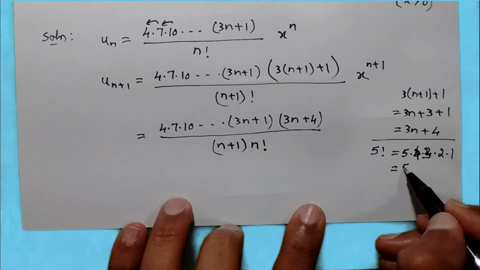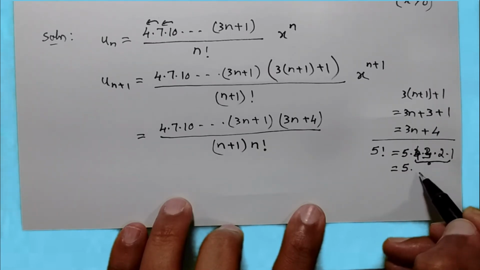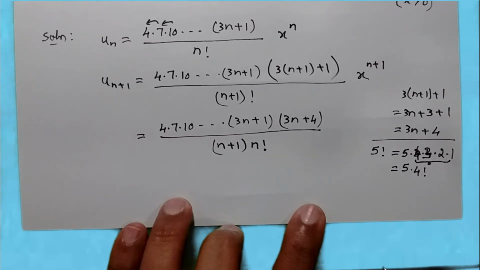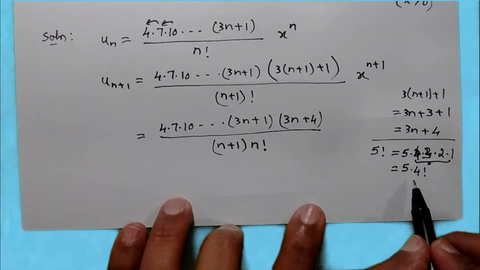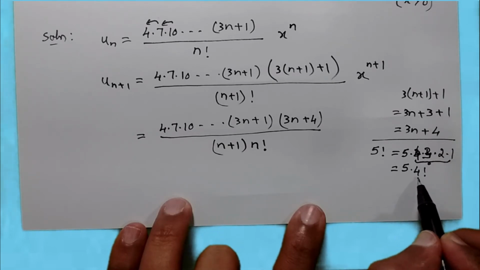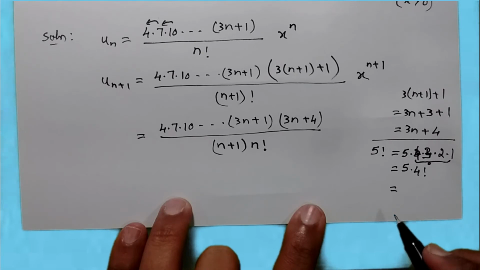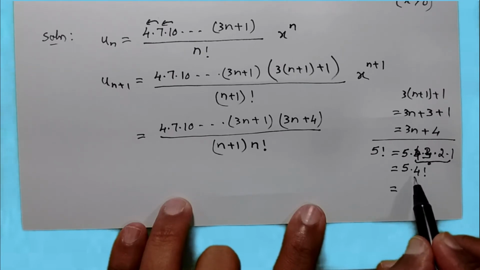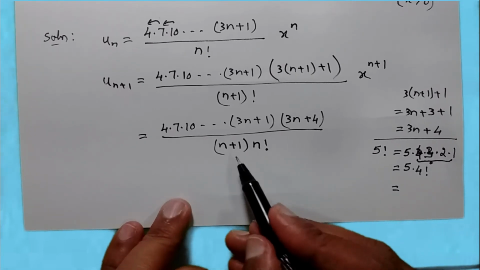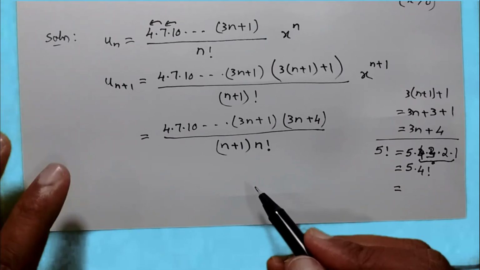So 4 into 3 into 2 into 1 is what? 4 factorial. So you can write 5 as it is, and 4 into 3 into 2 into 1 can be written as 5 into 4 factorial. That is how we can write. In the same way, 5 into 1 less value 4 factorial, and (n plus 1) into 1 less will become n factorial. That is how you can write it down.